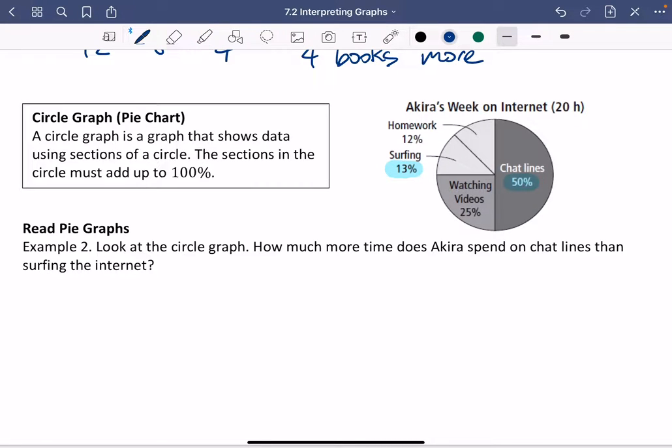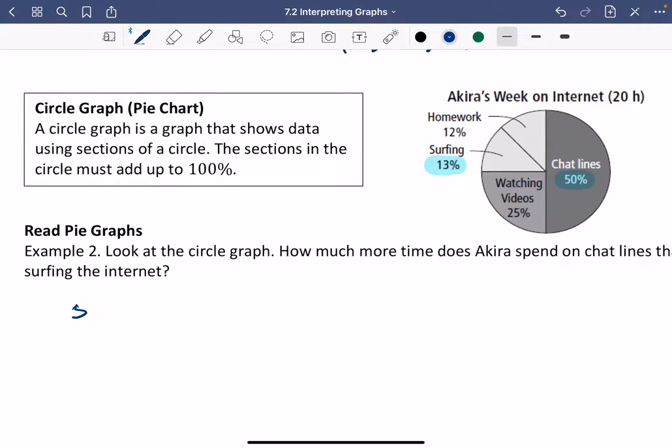So if we compare them, it's 50% minus 13%. That's 37% more time.